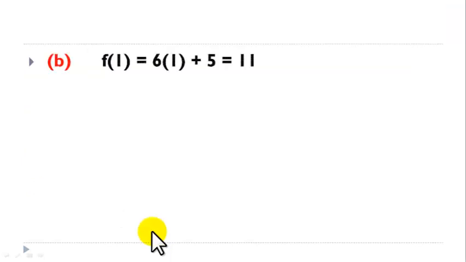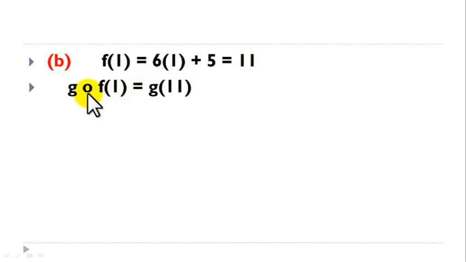B. First, let us find f of 1. f of 1 will be equal to 6 times 1 plus 5, which is 11. So therefore, g∘f of 1 is equal to g of 11. And this is equal to 11 squared plus 1.